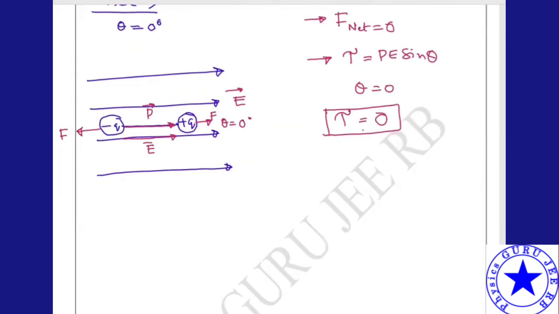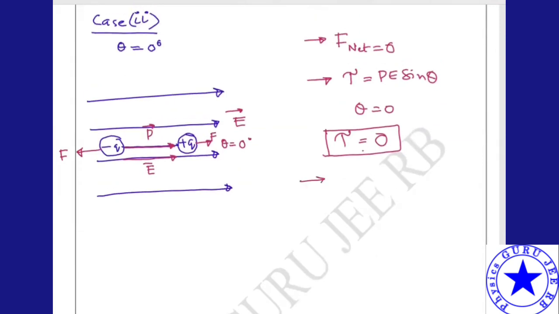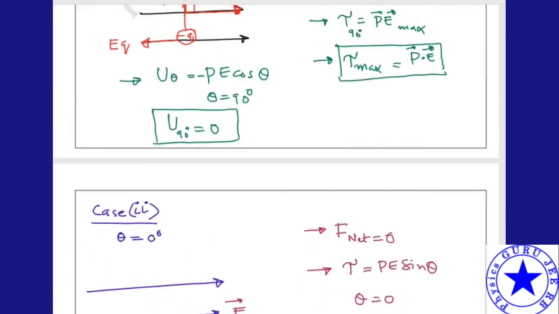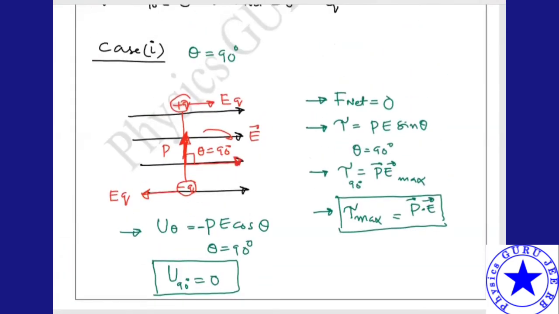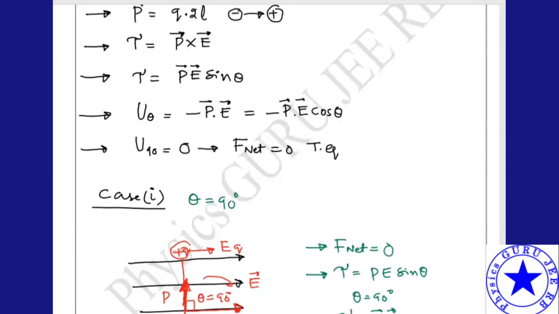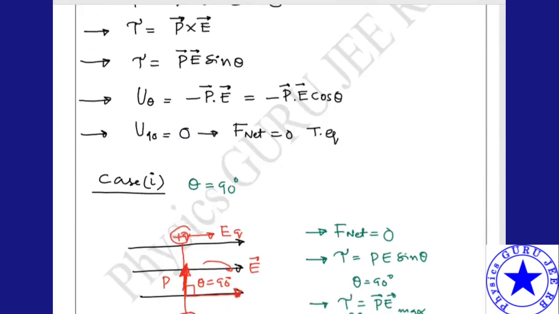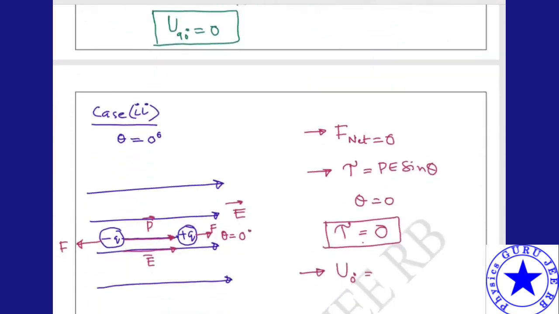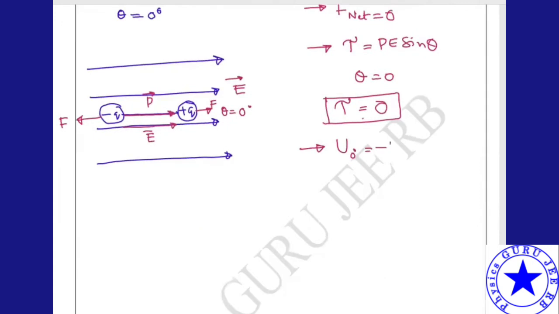Next, potential energy at 0 degrees. What is the formula for the potential energy? Just now I gave minus PE cos theta. Now what is theta here?